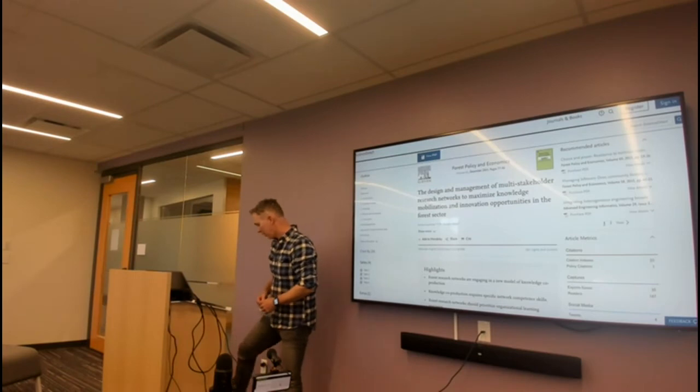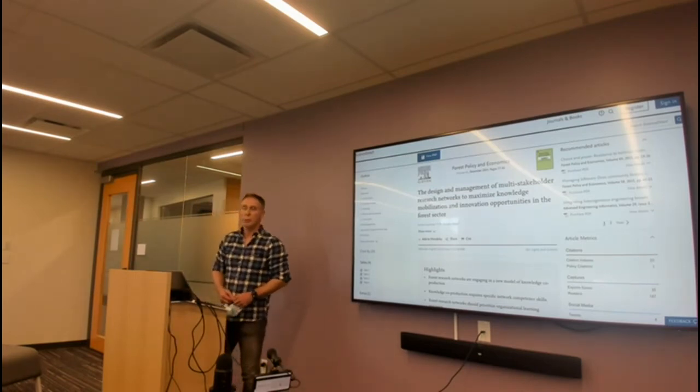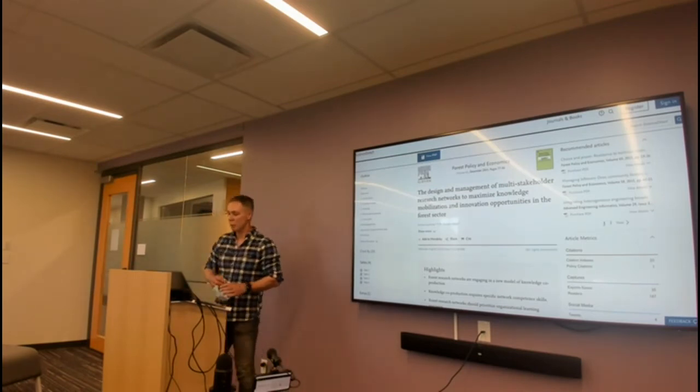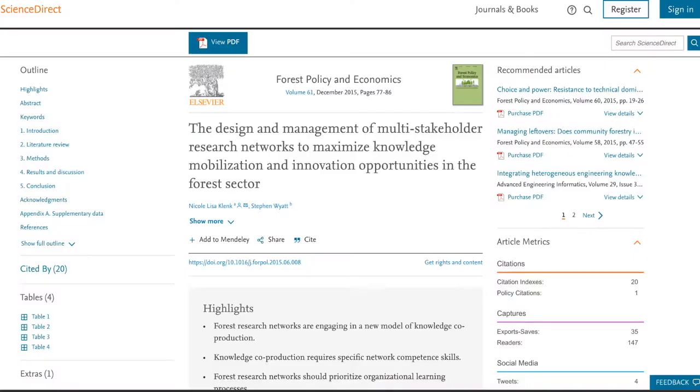Imagine you are a forestry graduate student working with a private sector company doing some participatory research around sustainable forestry management practices, where creating strong networks and having a good knowledge mobilization plan is at a premium in what you're doing.